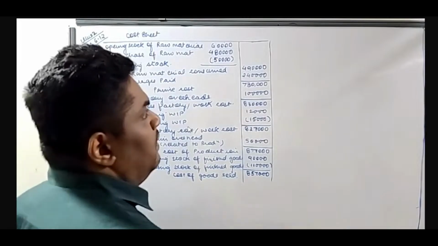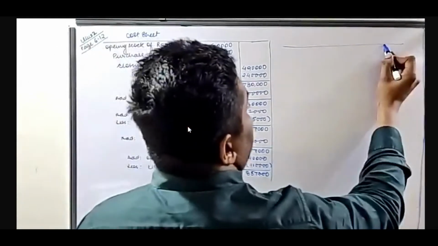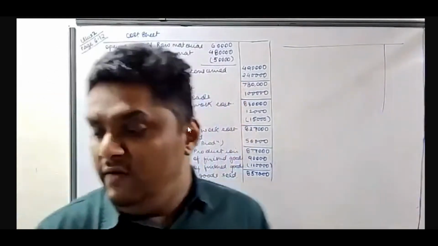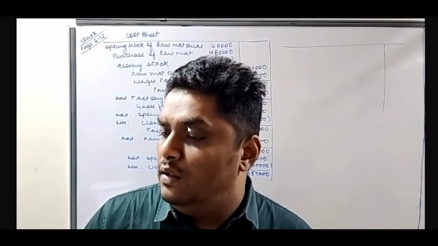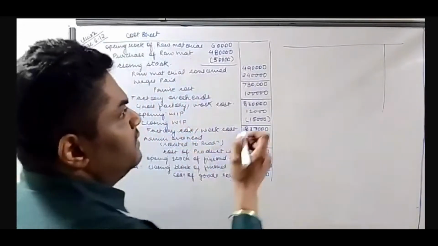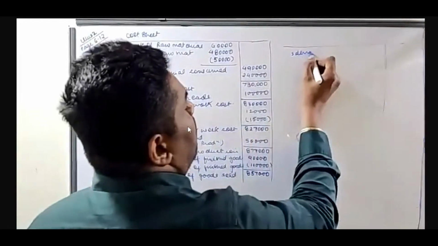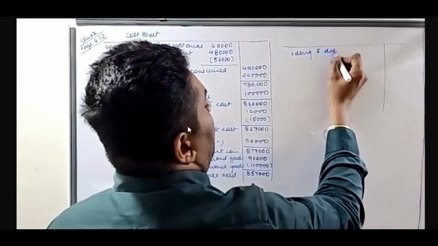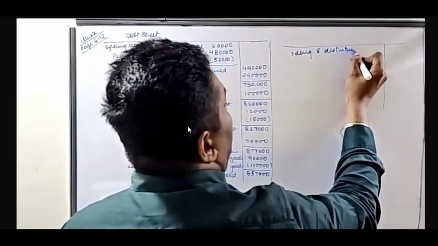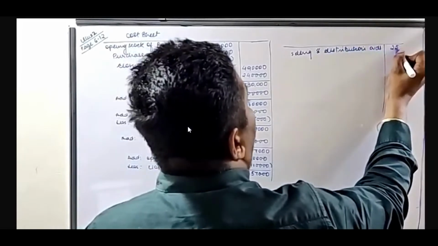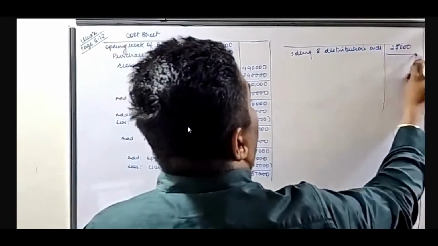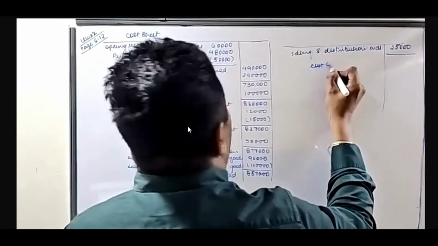Now in cost of goods sold, if we make adjustments for selling and distribution overhead, it is 25,000, we'll get cost of sales.